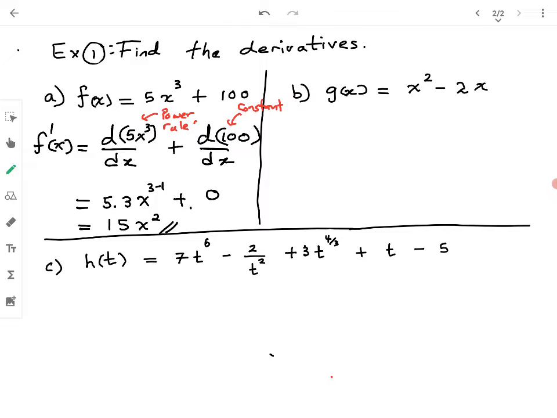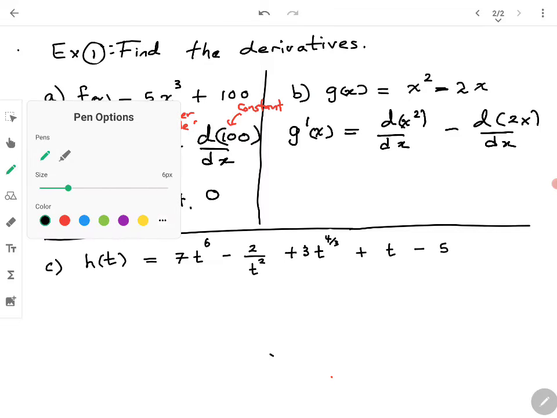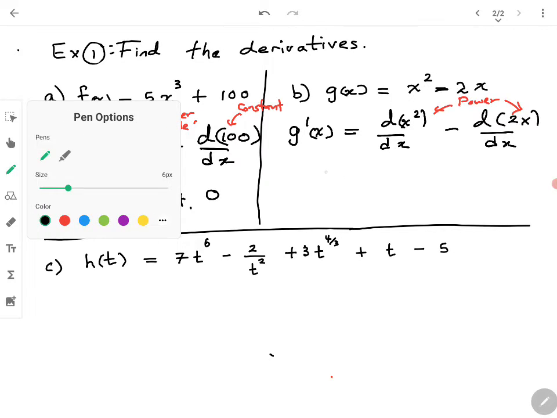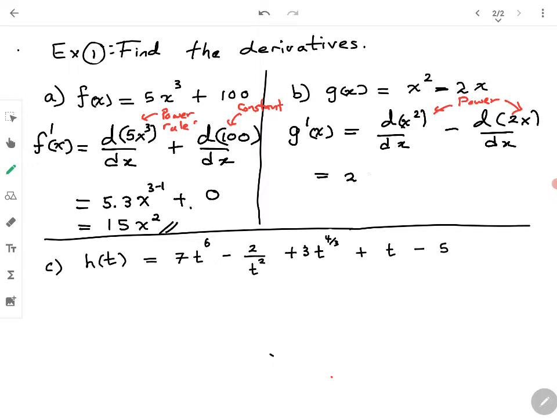Then the second example, you have a difference of two terms or two functions. So you can use the difference rule. So you find the derivatives term by term. Here both of them are power functions, so you use the power rule for both terms to find the derivative. So the derivative of x squared is, using the power rule, this one. You bring the exponent down, which is 2, then subtract 1 from the exponent.